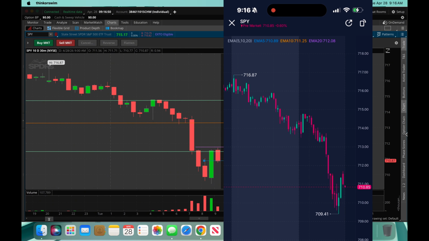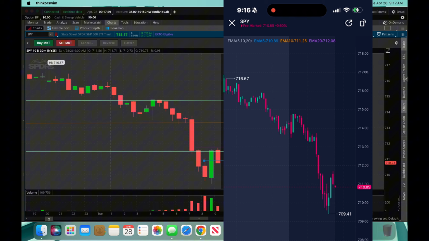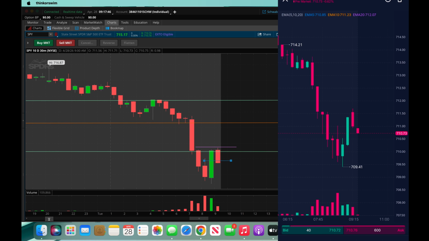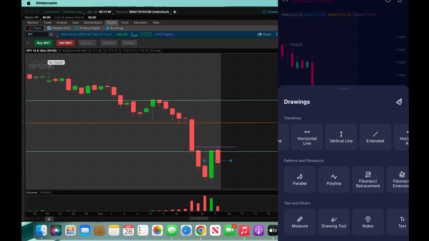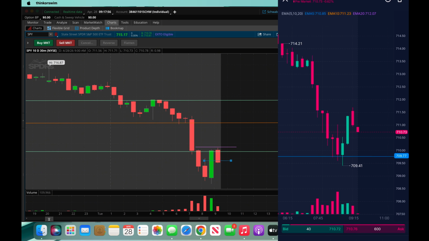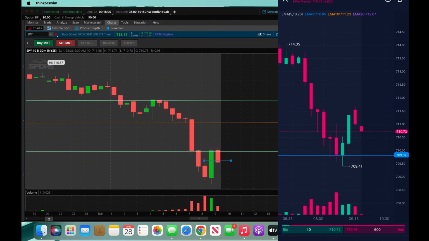And if we go down here to the low, they're not breaking that 709.41, which happened at 8:45 a.m. So on this 15 minute, you could come to horizontal ray and mark this up, since this is the low. If it breaks out of this, then you already know that it wants to create a new low. But if it stays above this 709.41, it wants to create a new high.